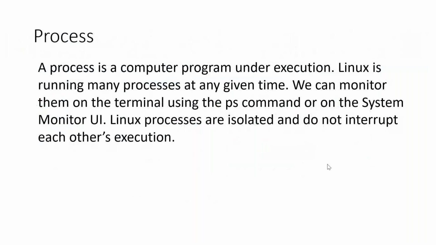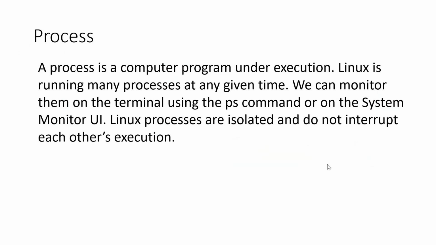Linux is running many processes at any given time. We can monitor them on the terminal using the ps command, as I just showed you, or on the system monitor UI. Please understand that Linux processes are isolated and do not interrupt each other's executions.